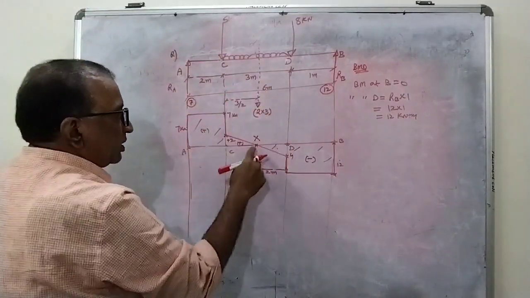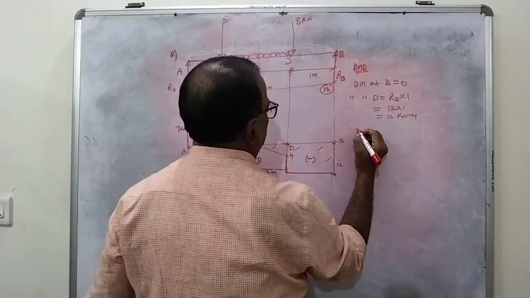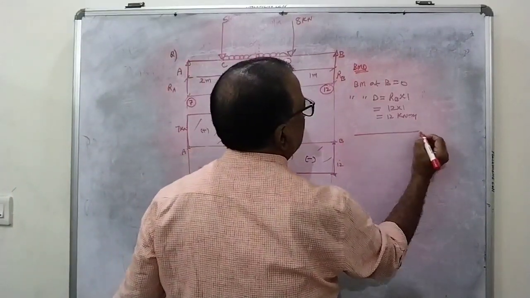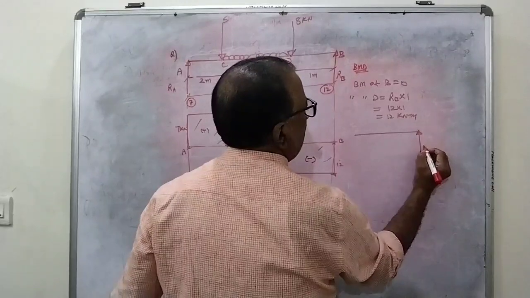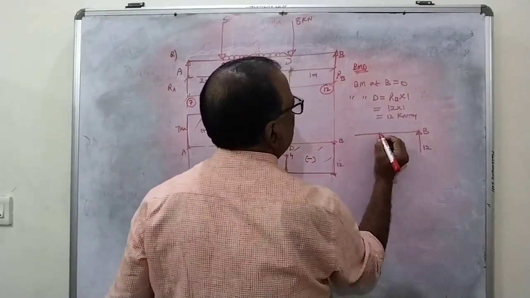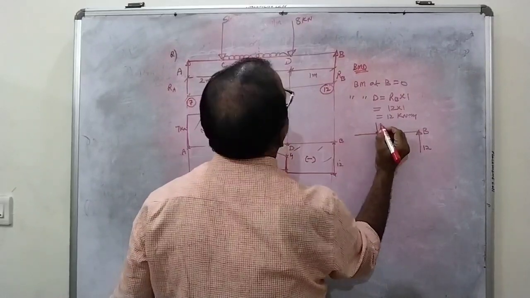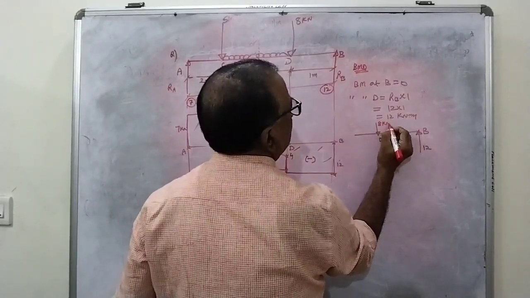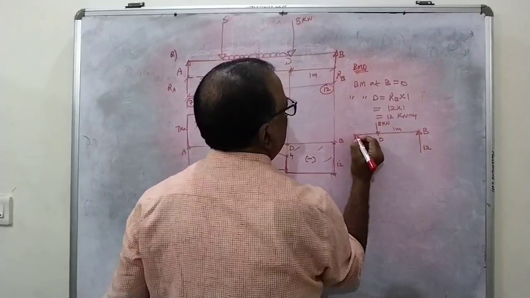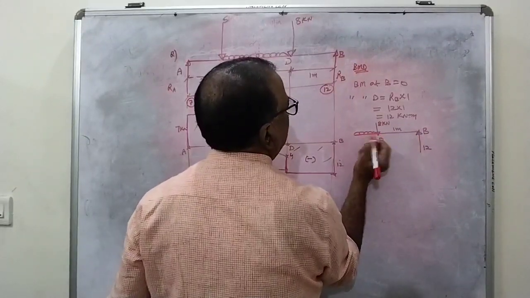In between C and D, you are getting X here. So what you draw is the free body diagram here. RB is 12. From the D point, there is a load of 8 kilonewtons. This distance is 1 meter and you are getting a UDL.